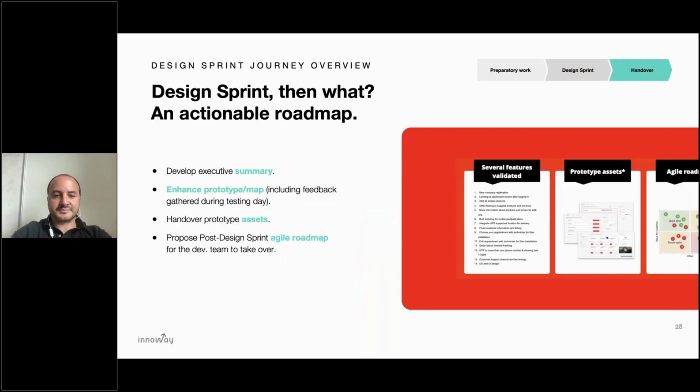After that, we put together an agile roadmap, and we also used all the prototype assets. In this case, there was a very comprehensive backlog with all the features that we wanted to implement, and also a high commitment from the leadership team to make this happen, which is key in this situation, especially in the delivery part, once you finalize the design sprint.